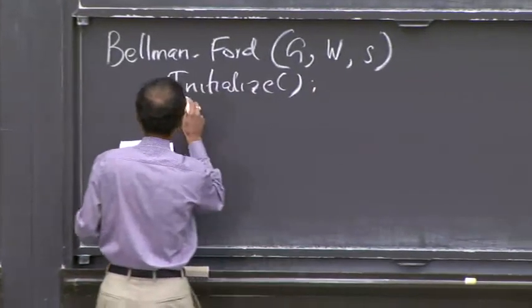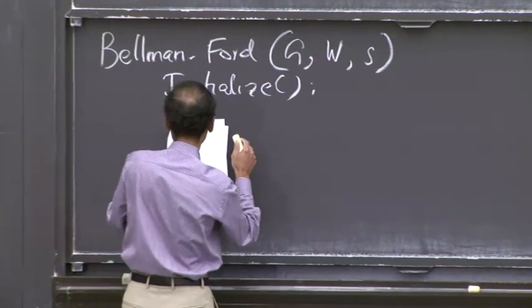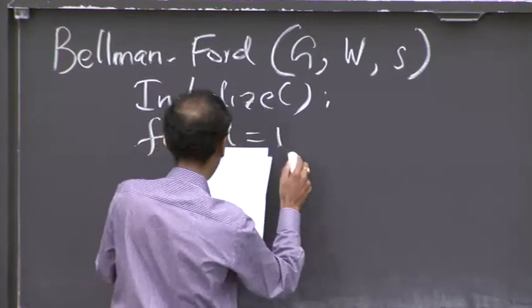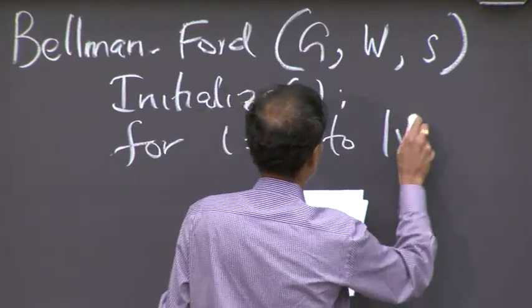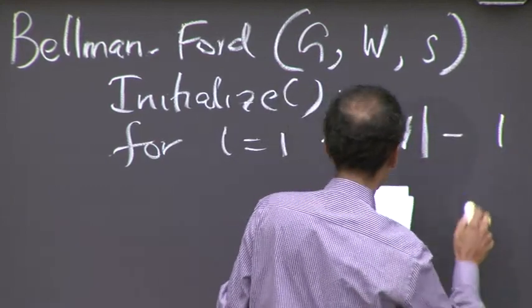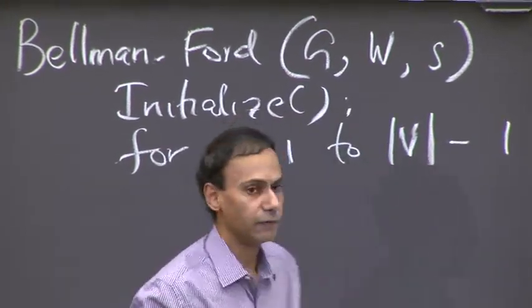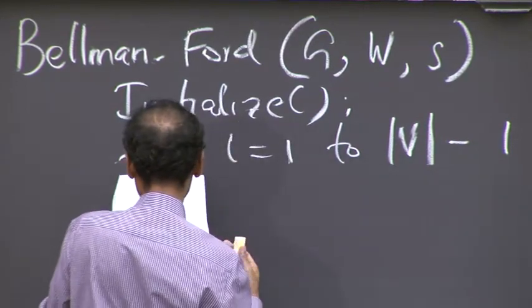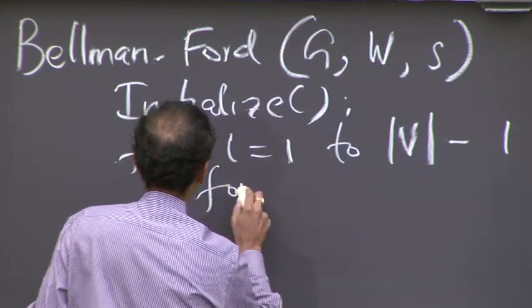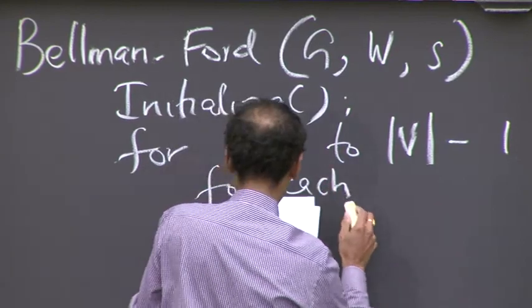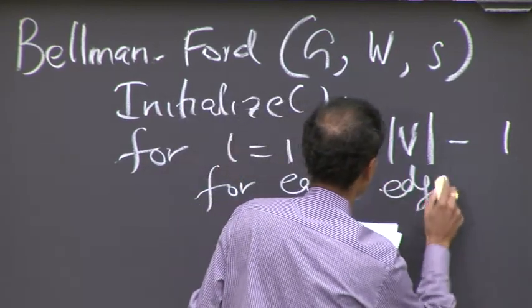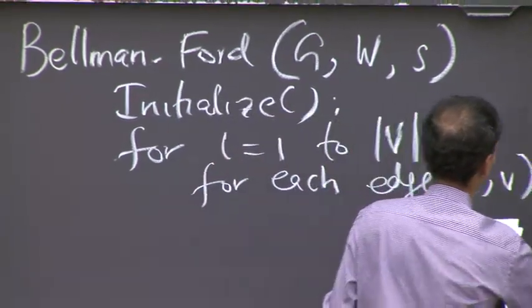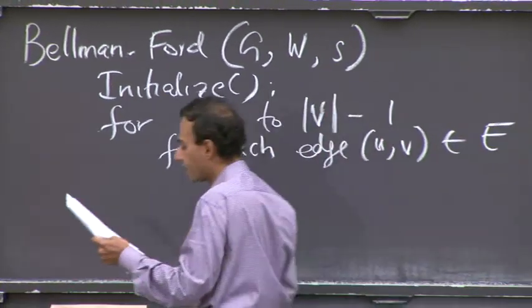And then this algorithm has multiple passes. It goes for i equals 1 to v minus 1. So it does v minus 1 passes, roughly order v passes, where v is the number of vertices. And in each of these passes, for each edge uv belonging to E, it relaxes every edge.